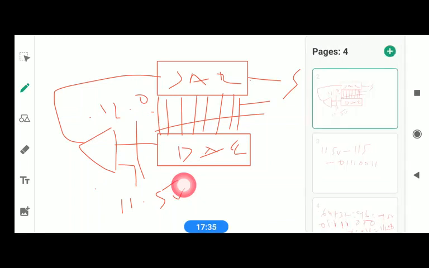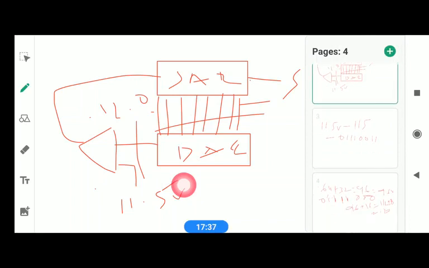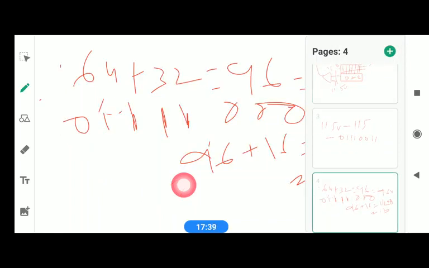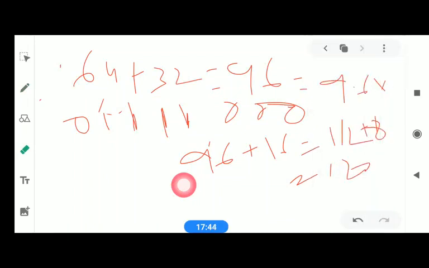Since it is greater than 11.5, the SAR will remove this 1 and make this 0 a 1. Now you can see the SAR gives the value 01110100 to the DAC.